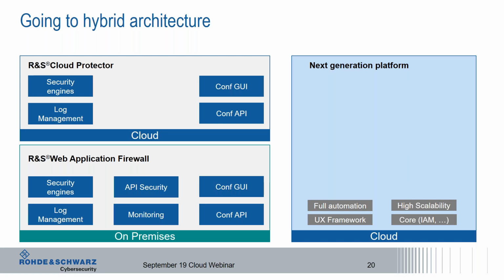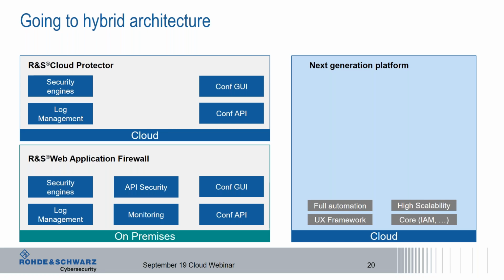It's at the right of the slide, and at the left you have Cloud Protector, which is the SaaS version of our web application firewall. So Cloud Protector is also hosted by Rohde & Schwarz, and then the on-premise web application firewall. When we say on-premise, it means hosted outside Rohde & Schwarz, directly in your data center, but also deployed on Amazon Marketplace, Amazon Cloud, for example.